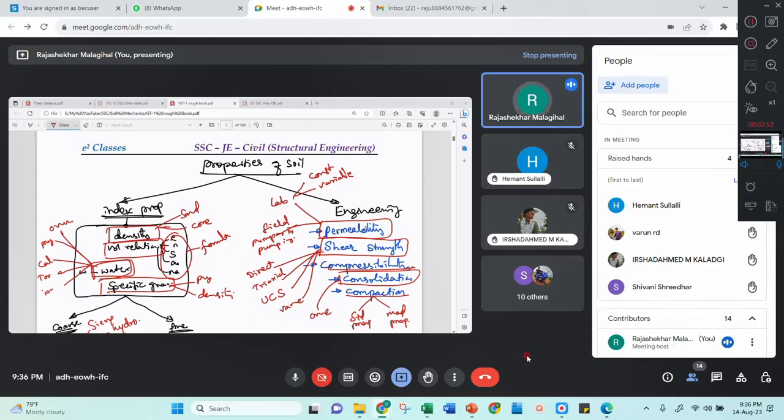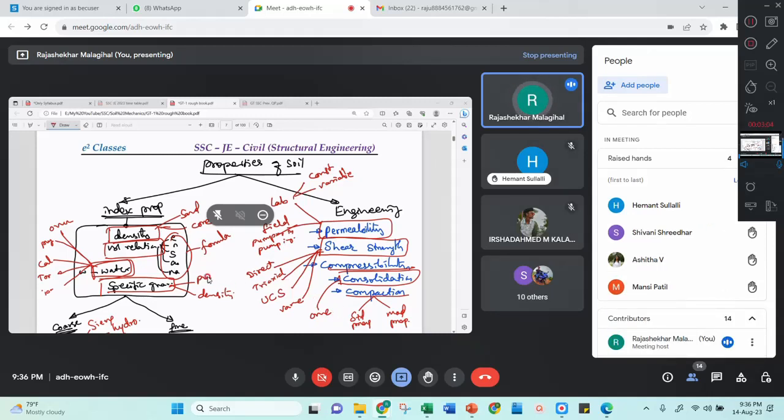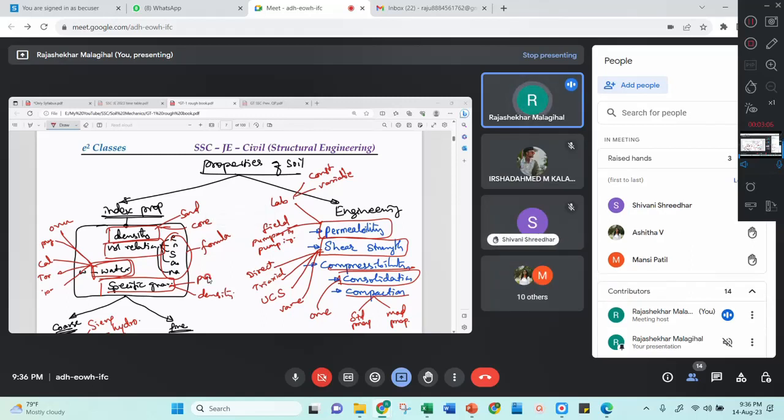We will have another class because all these things we can discuss. Laboratory only I will discuss, meaning how we have to determine these properties, that I will discuss tomorrow. And right now we'll move to the questions and answers. Whatever we studied till now, those questions and answers we will discuss, so that we will get some confidence for this topic.